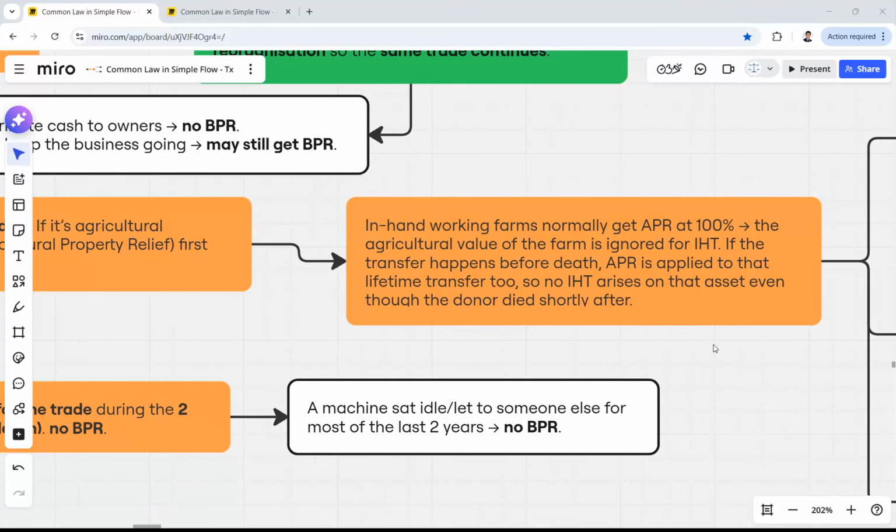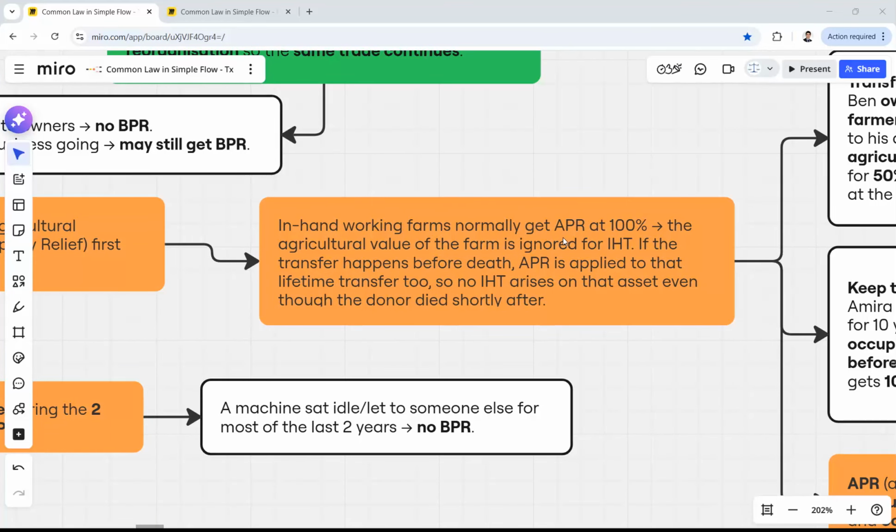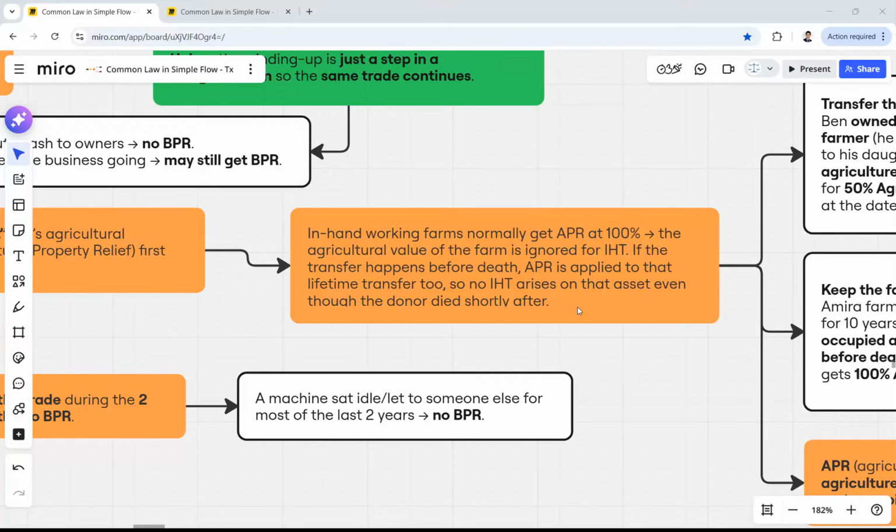In hand working farms, normally you get APR at 100%. The agricultural value of the farm is ignored for inheritance tax. If the transfer happens before death, APR is applied to that lifetime transfer too. So no inheritance tax arises on that asset, even though the donor died shortly after.